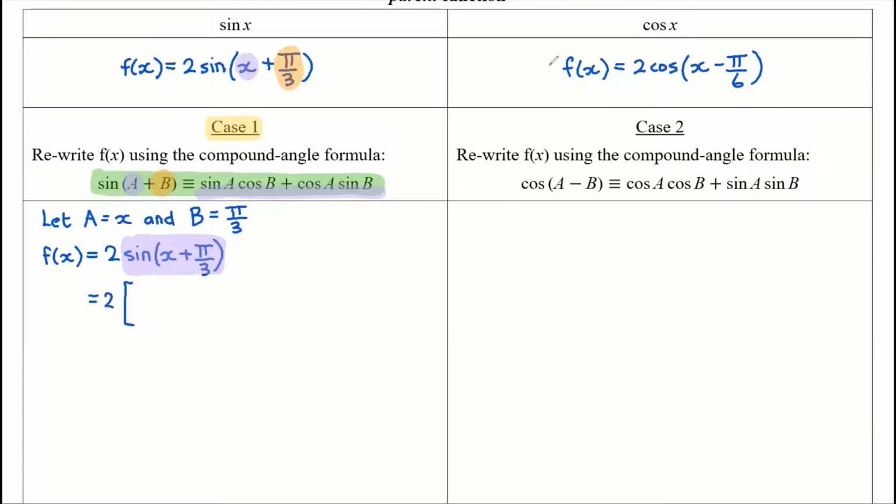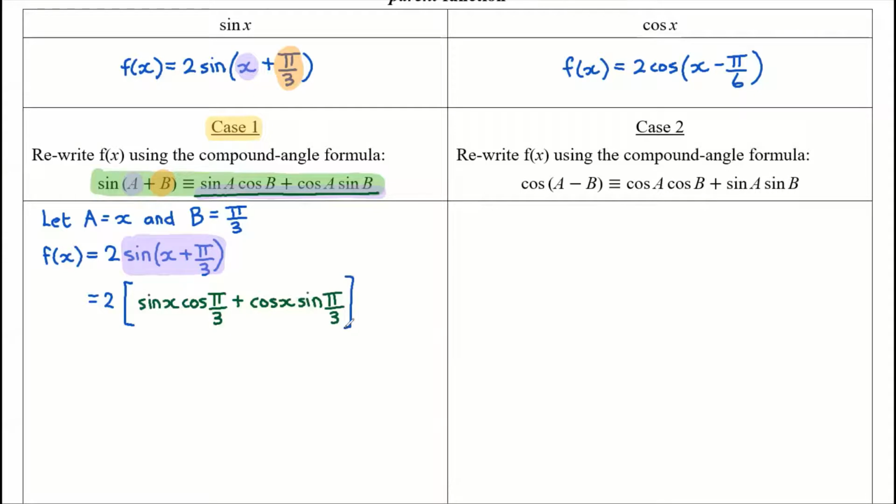Inside it's going to be sine A cos B, so sine x cosine pi over 3, using this part of the identity again, plus the cosine of A, which is cos x, multiplied by the sine of B, which is pi over 3. And you can close your brackets there.